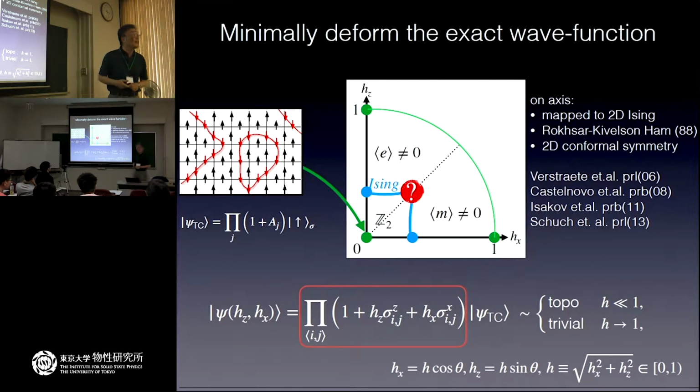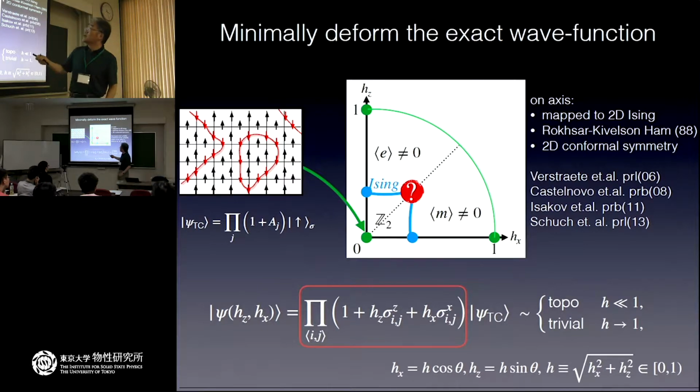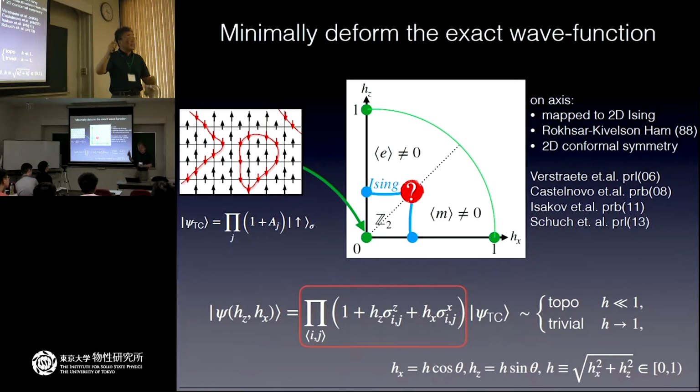What is this sigma ij? What is this operator? This is a spin operator of the toric code sitting on the edge. Sitting on the edge, yeah.